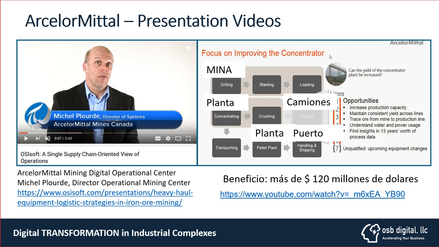The port before had a lot of issues due to the loading of the ships. So by looking at the whole integrated supply chain, by looking at the operating times of all the machines and looking where the constraints are, you can maximize the throughput throughout the complex, and the benefits here have been more than $120 million.